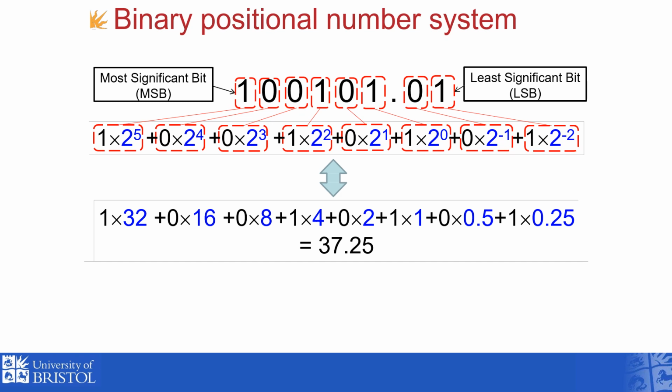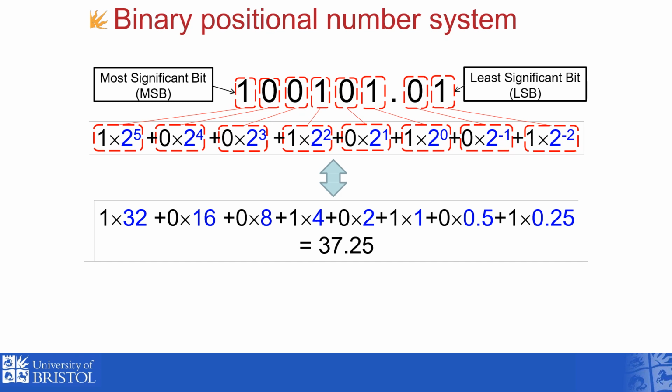If you start from the least significant non-fractional part over here gradually to the most significant one, you will see that we always multiply with 2 to the power of position, in this case 2 to the power of 0, 2 to the power of 1, 2 to the power of 2, and so forth. This means, in other words, that we start by multiplying with 1, then with 2, 4, 8, 16, 32, and so forth.